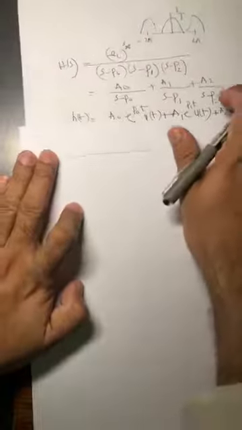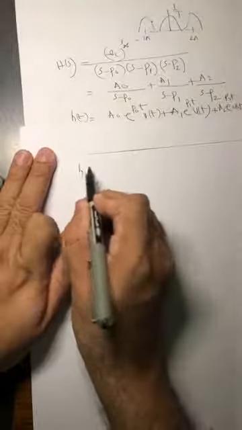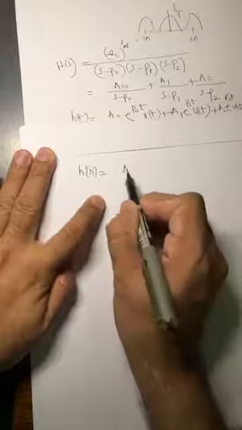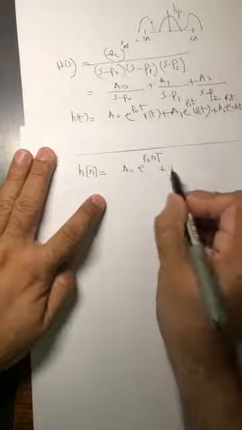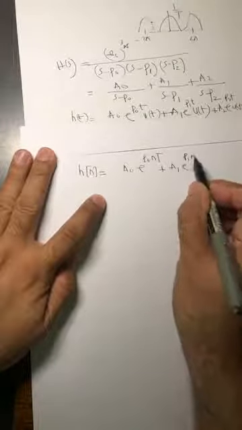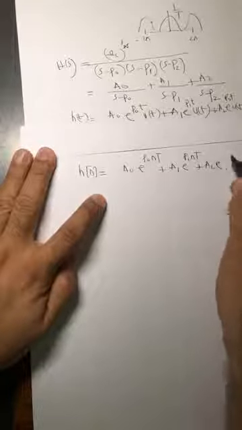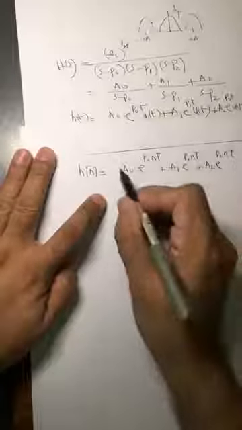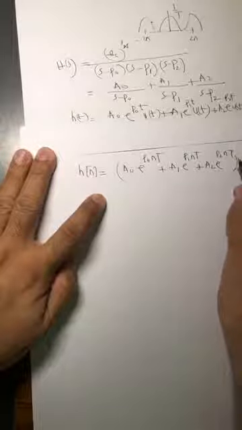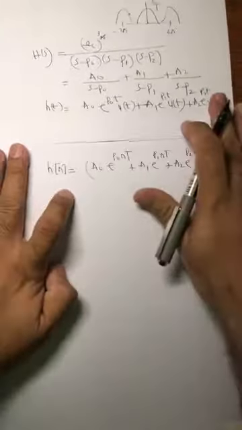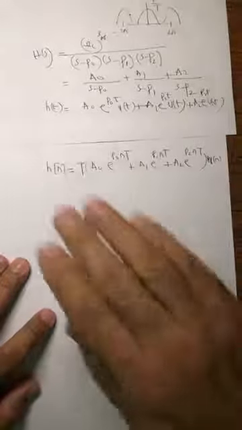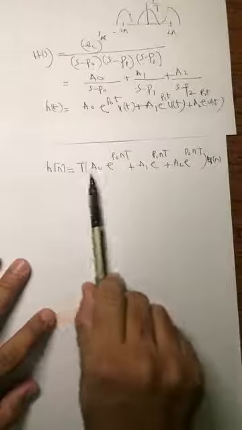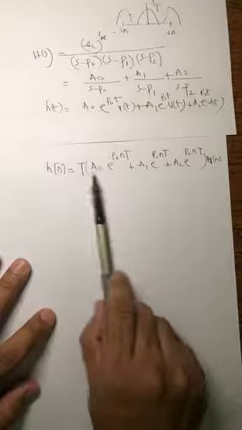So you convert this into h of n: A0 exponential P0 nT plus A1 exponential P1 nT plus A2 exponential P2 nT, all multiplied by u of n, right-hand side only. Then you multiply it by T to give that gain, because sampling reduces the frequency response by 1 over T. So this is your h of n.